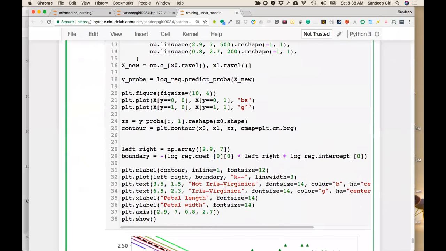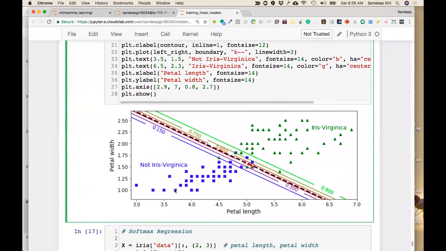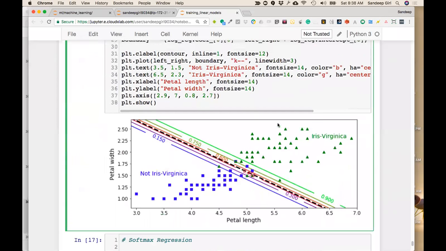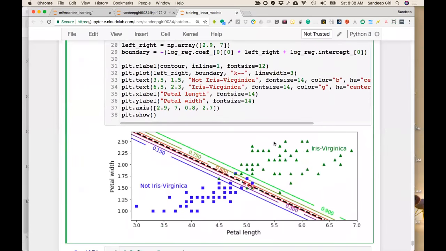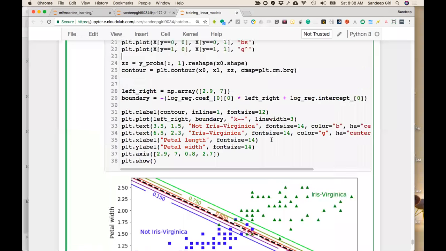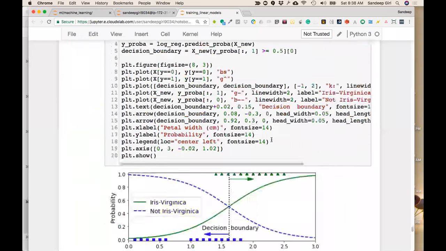This is essentially for plotting these graphs. For each value, we have tried to plot it. One of the values we are generating, where are we starting from?